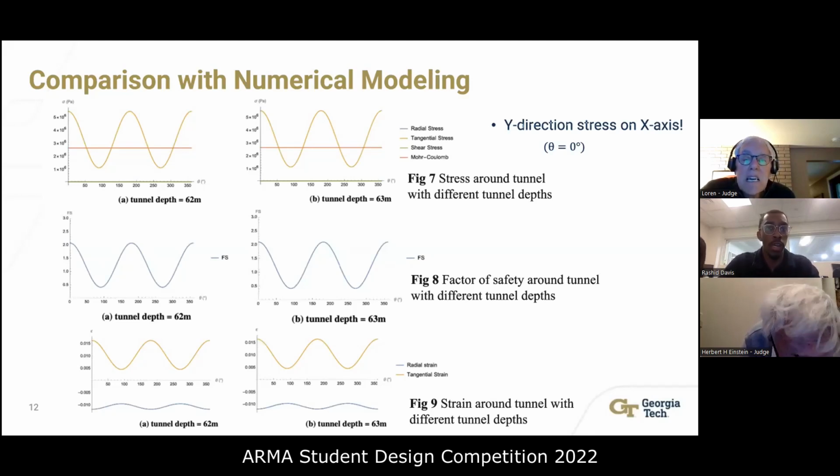If we check the y direction stress and the x direction as well, the values of the orange line when theta is 0 or 180 degrees are also located in the figure. And it means that the rock will fail at this depth at a high probability, since the rock is very weak. So this is also the key risk for that depth at 62 meters.